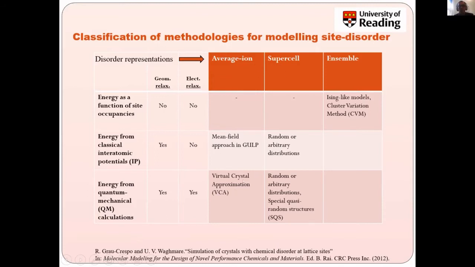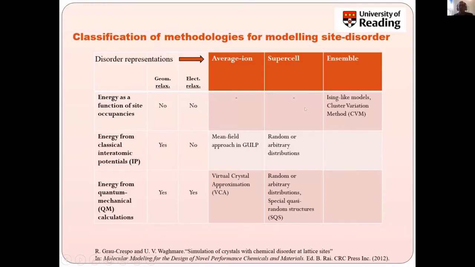For example, the virtual crystal approximation is a way of doing average ions using quantum mechanics. In the supercell method, you typically use a special quasi-random structure. But you can also evaluate your energies, for example, using force fields or interatomic potentials. And then GULP, for example, has a mean field approach that is incorporated to represent average ions. Typically, you can have a supercell using random distributions and so on.